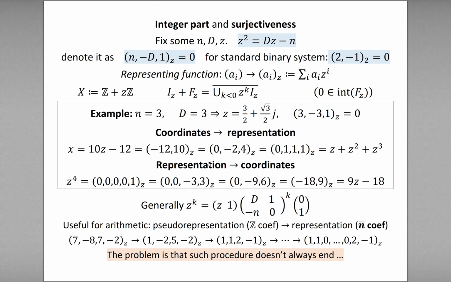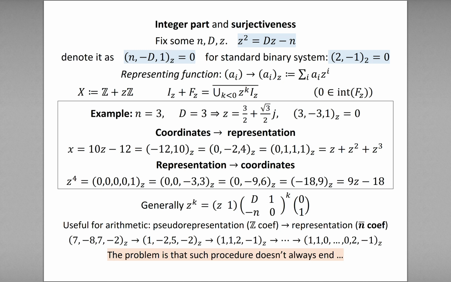We would only like to use digits from 0 to n-1, so from 0 to 2. So what can we do? We can subtract or add this 0. We know that this is 0, so we can subtract it, and finally we get this notation.